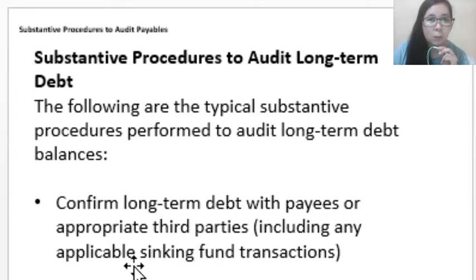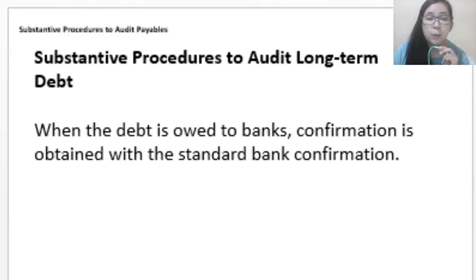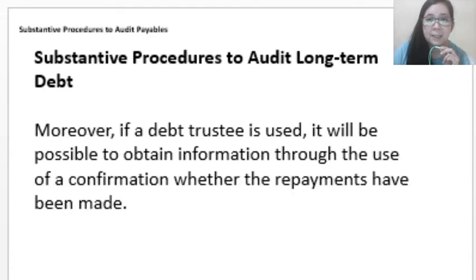So the auditor can also inspect such transactions and any documents related to it in confirming the long-term debt with the other or third parties. When the liability is owed to banks, confirmation is obtained using the standard bank confirmation. This is the same as with the cash account, to confirm the balances.